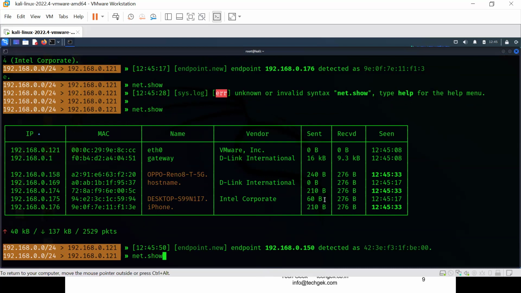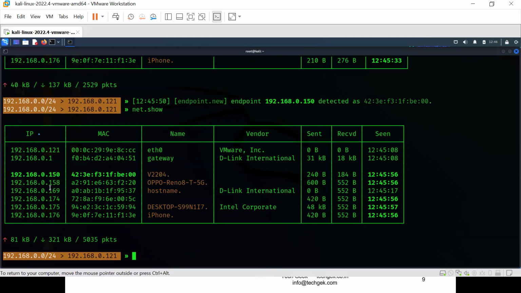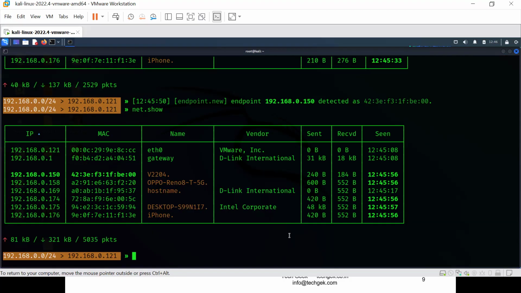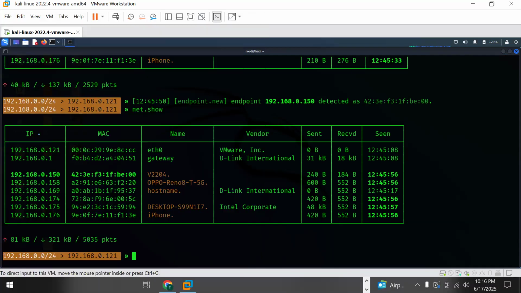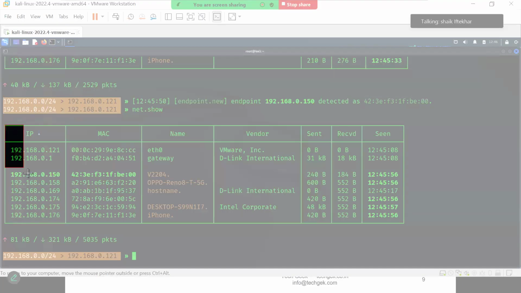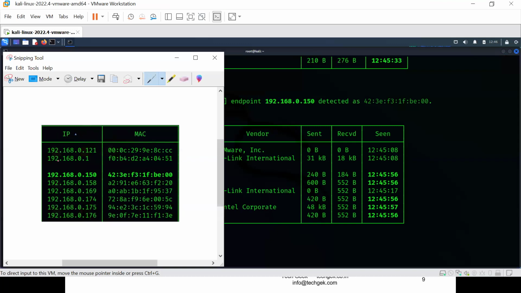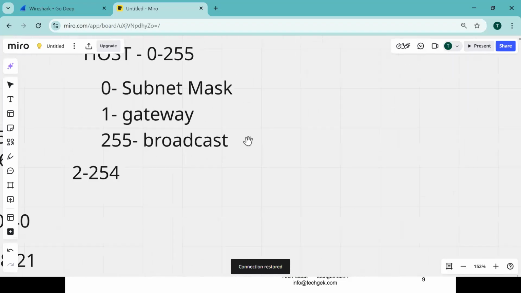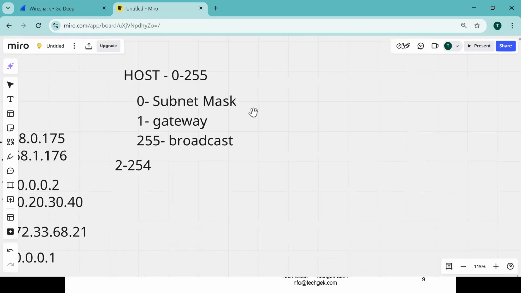These are 192.168.0.150, 158, 169, 174, 175, 176. You will see that these are the devices I have here. So over this network, we have these systems.